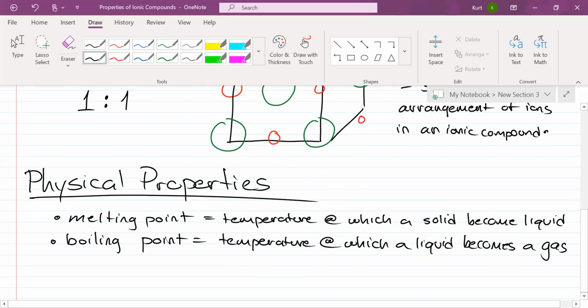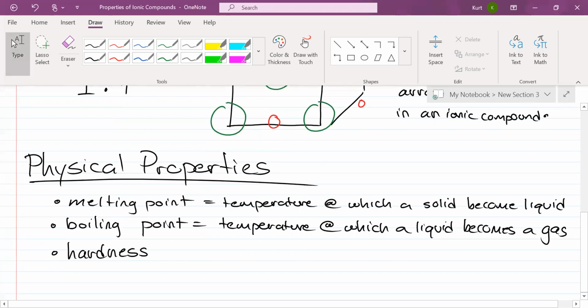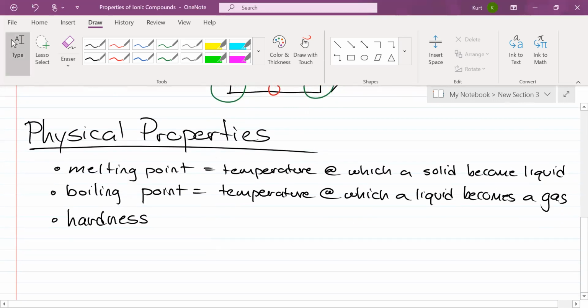And then you have hardness. A lot of these have metals in them, and so they can be a little harder than others. Another one is conductivity. This is another physical property.